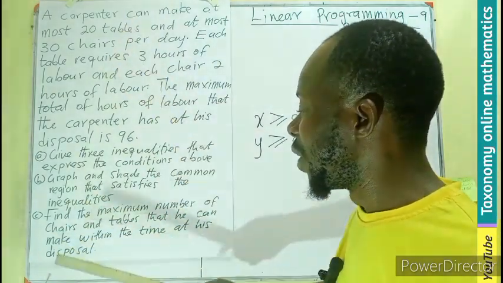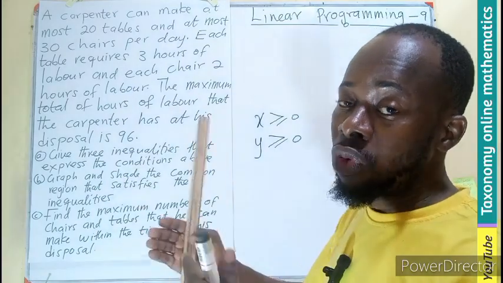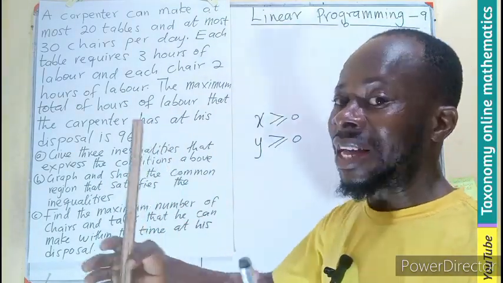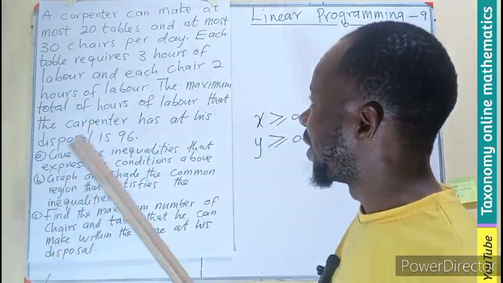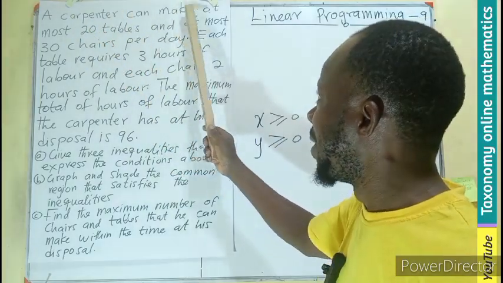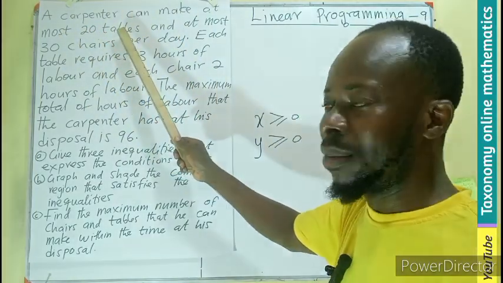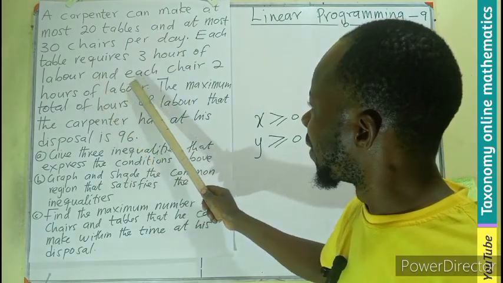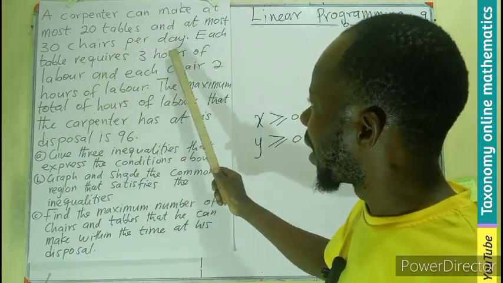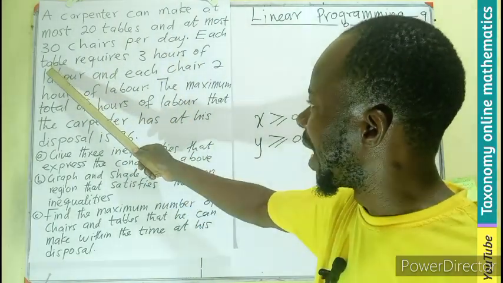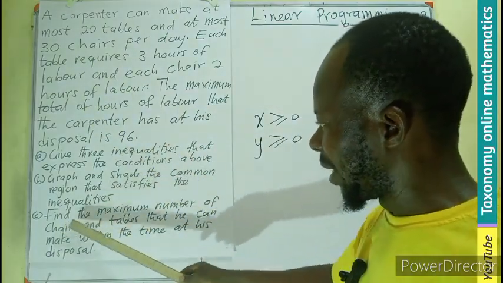So in this case, we need to identify the 2 commodities or 2 quantities which are similar being mentioned. You can see that a carpenter can make at most tables. We can see also table being mentioned here. We are also asked to find the tables.